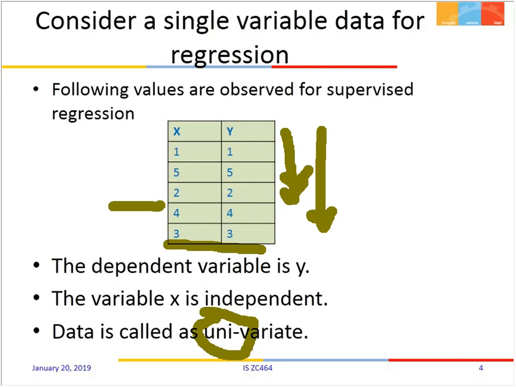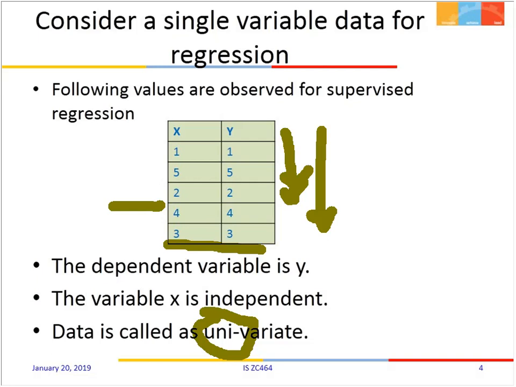Is this clear to all? Have you understood the significance of the data and its effect on the relationship between the two variables x and y? Y is dependent on x, so we are only looking at the values of x and its corresponding value of y.